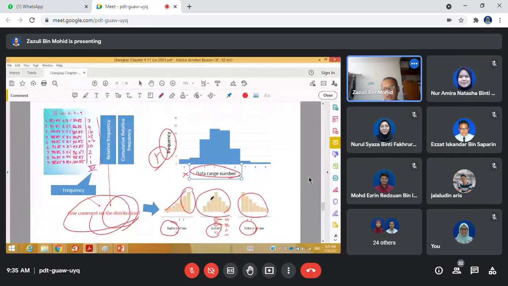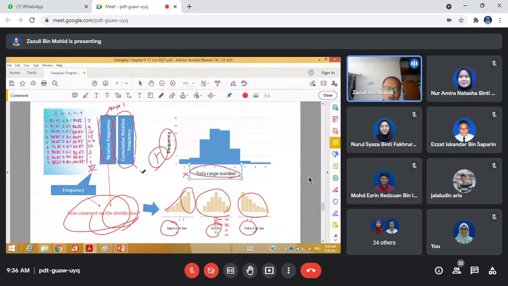But before you are able to make any relation, it is proper for you to add another calculation. Okay, the next calculation is relative frequency, cumulative relative frequency. Okay, the maximum value of this one is 1. This is also 1.